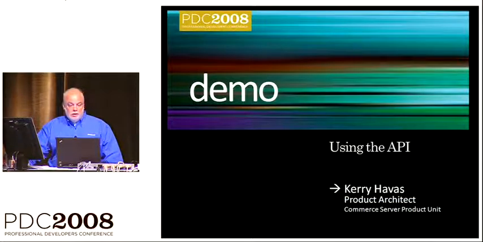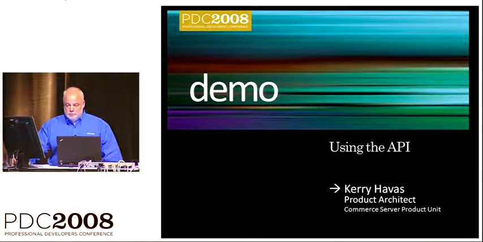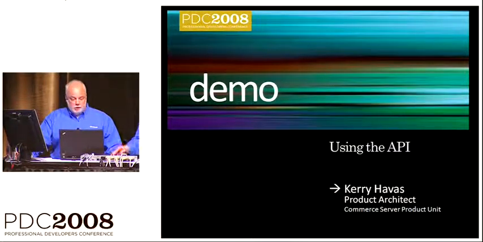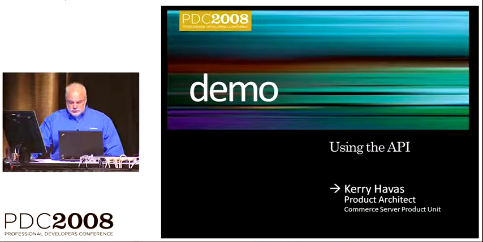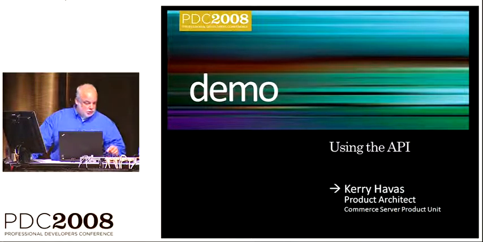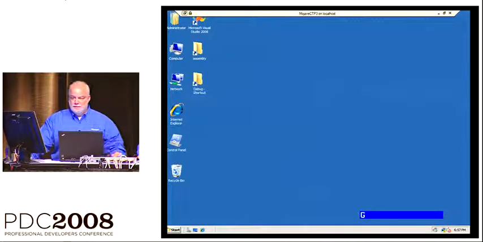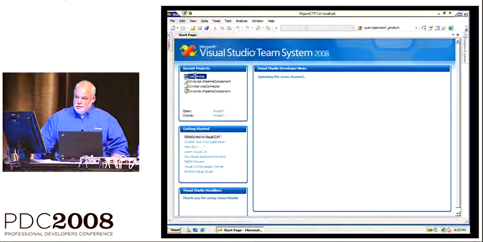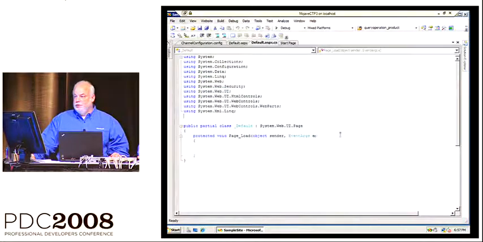So let's start talking a little bit about a demo that we're going to do. What we're going to do is go in there and actually show how to use the API. So what I'm going to do is start out Visual Studio 2008. And what I've done is I've pre-built some of a sample site.